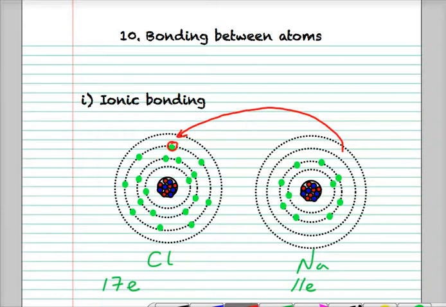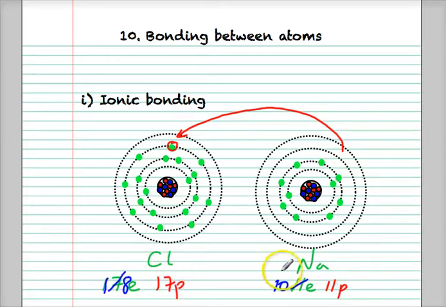So now, instead of 17 electrons, we have 18 electrons here, and instead of 11 electrons, we have 10 electrons here. The proton number's not changed. Sodium still has 11 protons, and chlorine still has 17 protons.